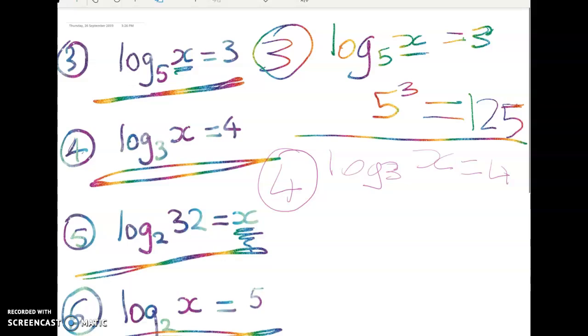So that is the same as finding the product of what happens when you do 3 to the power of 4, which is 3 times 3 times 3 times 3.